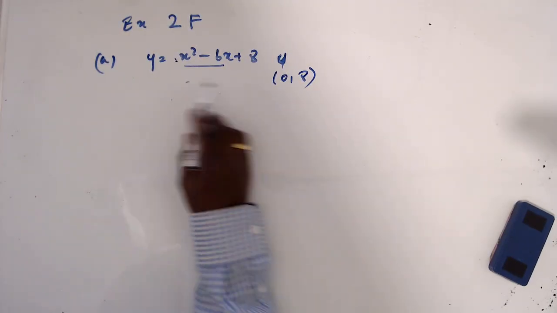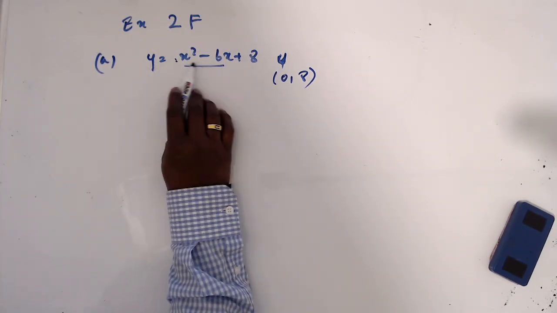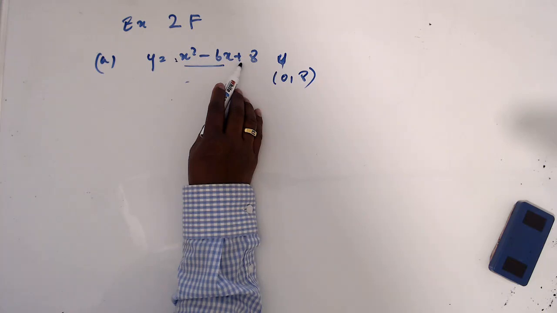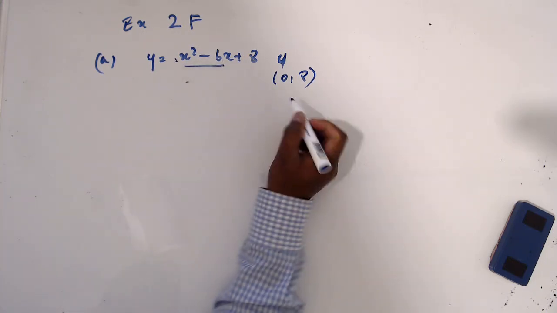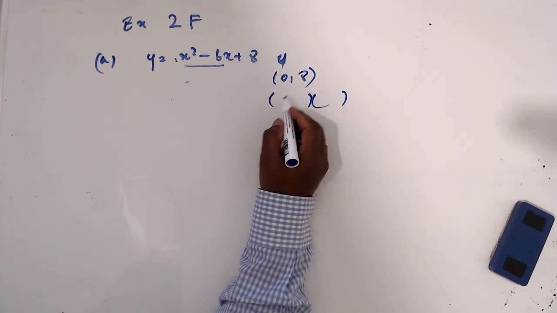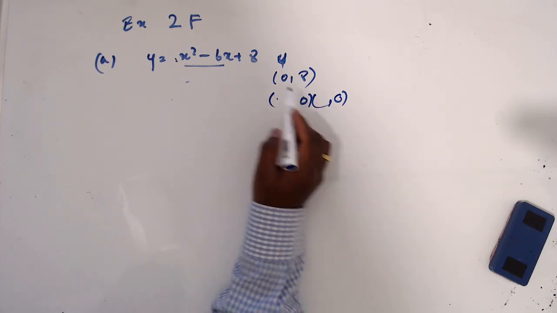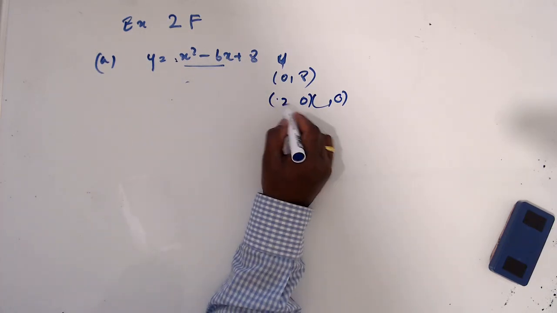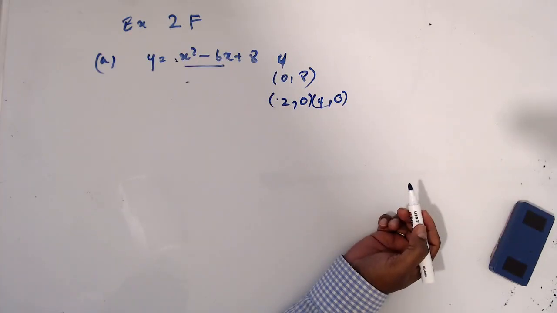Then I want to find the roots. y equals 0. When y equals 0, I can see x minus 2 and x minus 4. It means when y equals 0, the x values are 2 and 4. Okay, that is also now known.